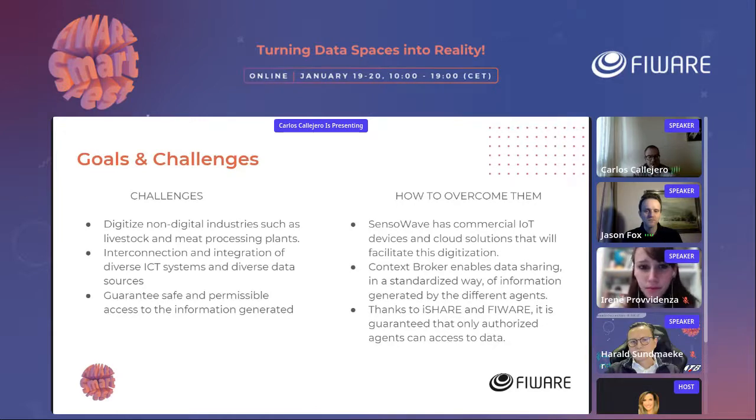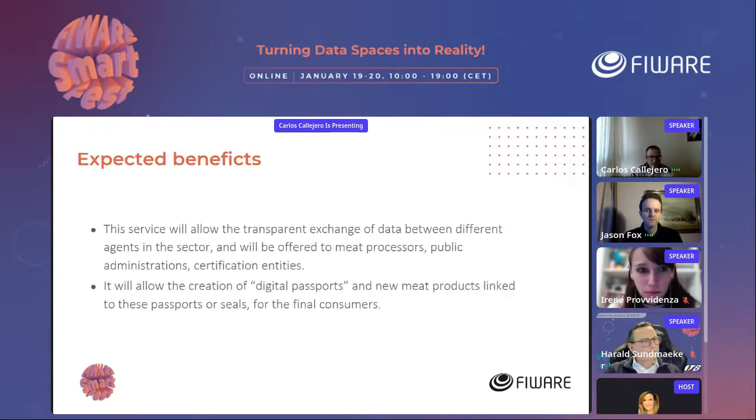And well, I don't want to go too deep on the details because I don't have too much time. But the benefits are trying to allow this transparent exchange of data between all these different agents in the sector.